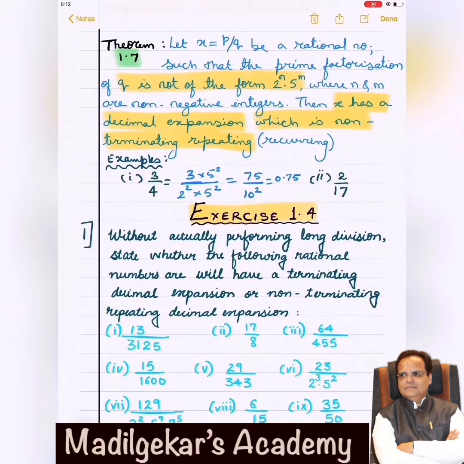This means if the denominator is in the form of 2 and 5, then the given rational number has a terminating decimal expansion, and vice versa. But in the case of 2 by 17, 17 cannot be expressed in the form of 2 and 5. So such a rational number has a non-terminating, repeating expansion.